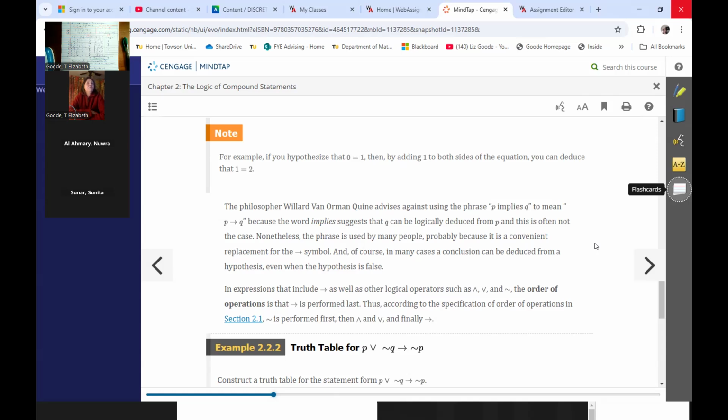But I disagree with this statement in that if we know that P is true, we can deduce Q. So I actually think that there's a logical error, to be quite honest, in that statement.